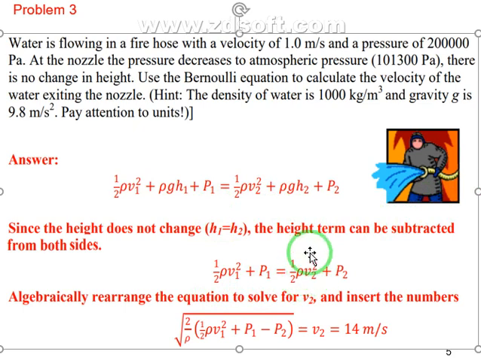We just remove Z or H here. So we have this equation. Straightforward. I have all parameters. I have rho, I have V1, I have P1, and I have P2. So I only need to calculate V2, which is 14 meters per second. Right. Very simple and very direct.